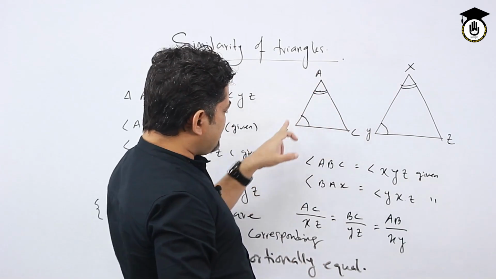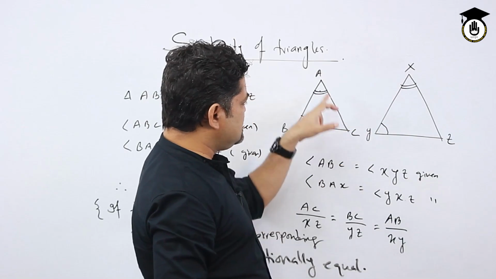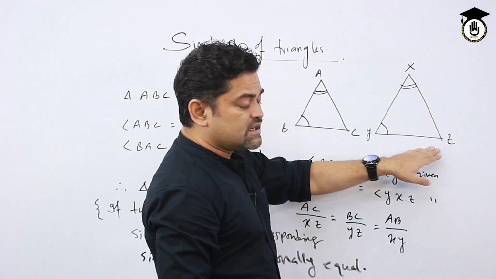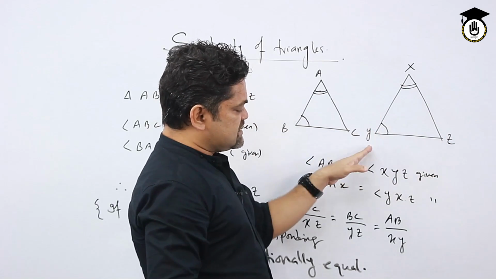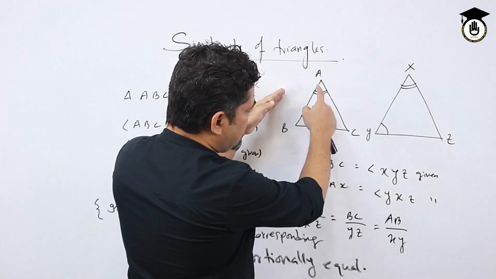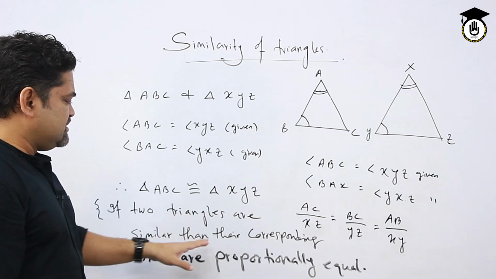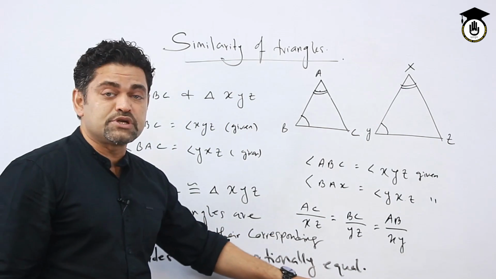For the third angle C, the opposite side is AB, and for the corresponding angle Z the opposite side is XY, so in the last I have written AB by XY. So the reason is that if two triangles are similar, then their corresponding sides are proportionally equal.